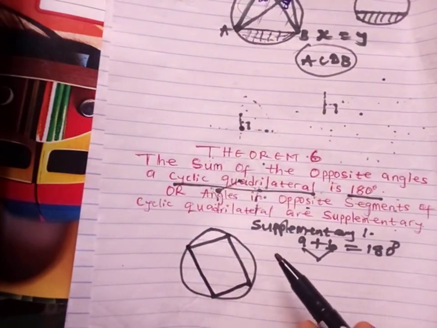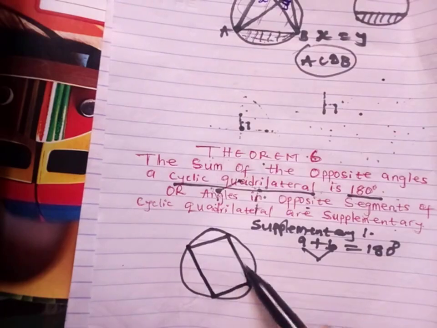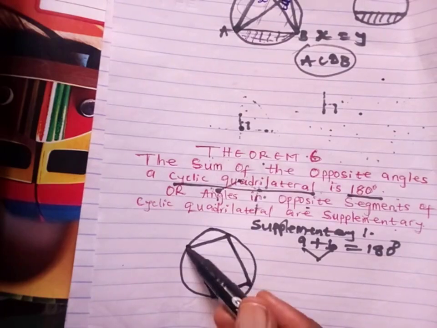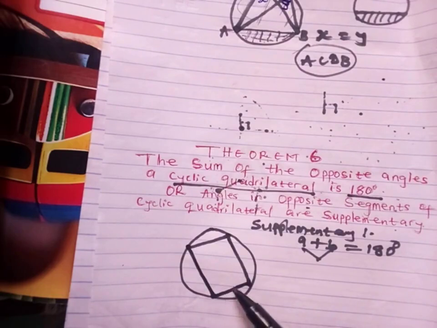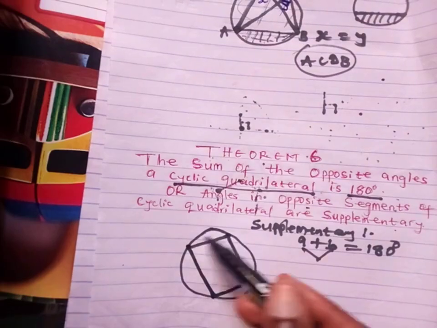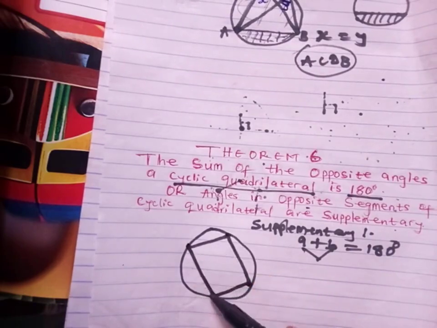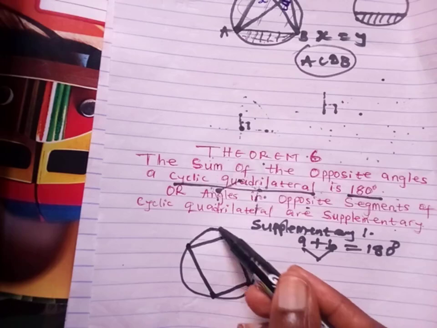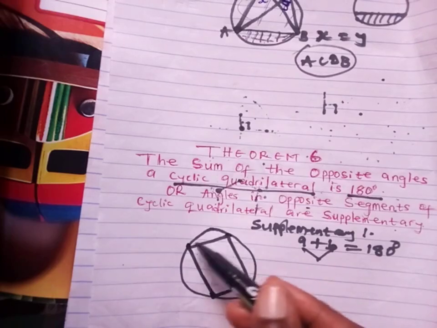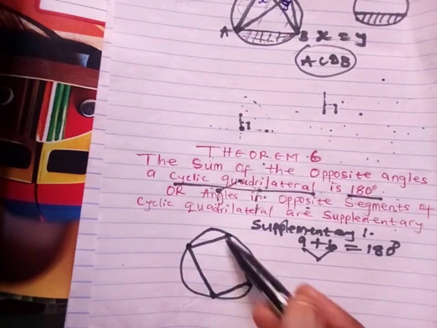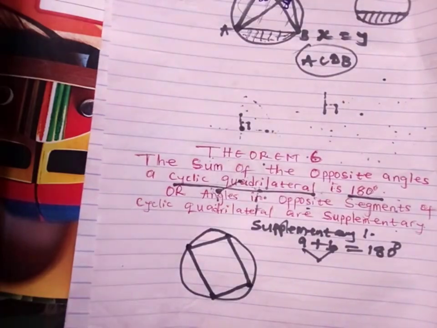So a cyclic quadrilateral is a four-sided plane shape that has a circle joining the vertices. These are the vertices or the corners of the shape that is inside the circle. So we'll call this a cyclic quadrilateral.